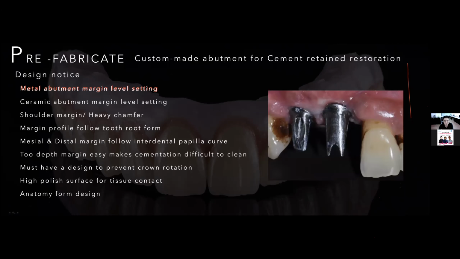If we choose the metal cosmetic abutment, we must think about our margin level setting, because if you choose the metal cosmetic abutment, you must set your margin level under the tissue, maybe 1 millimeter. But if you choose the full ceramic abutment, your margin can be set even with the tissue or just under 0.5 millimeters.